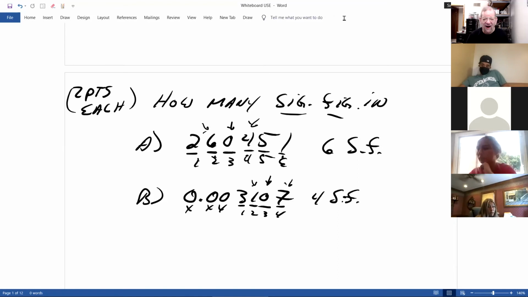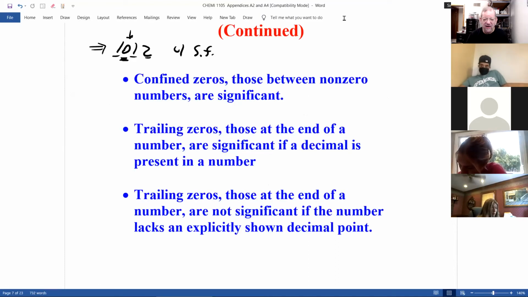Let's continue on with zeros. Now, trailing zeros, those zeros at the end of a number, are significant if a decimal point is present.